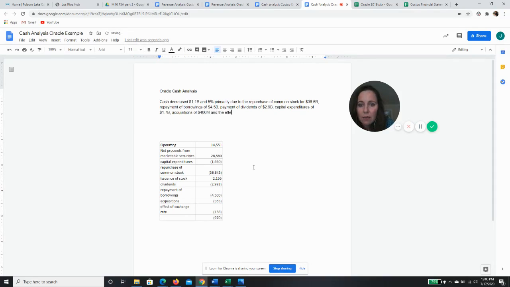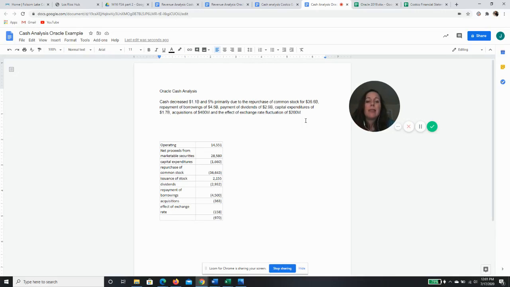And the effect of exchange rate fluctuation of, let's call this 200 million. Okay, so that's all my decreases. Because I'm explaining a decrease up here, I'm listing my decreases first. If my overall cash had increased, I would explain my increases first, but it decreased, so that's all my decreases.